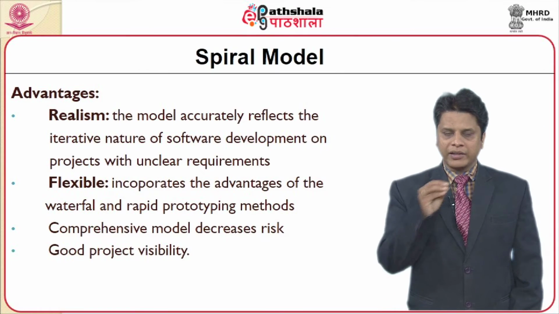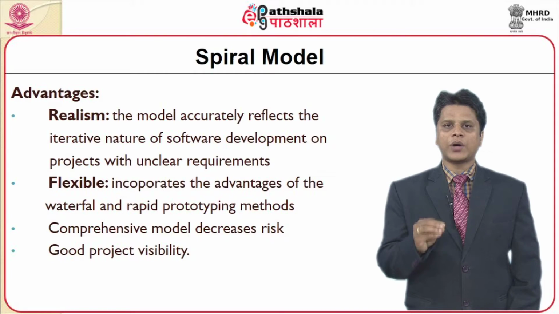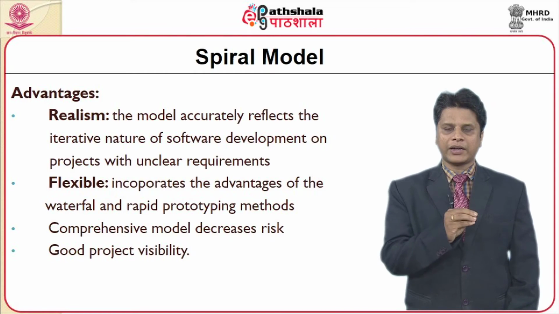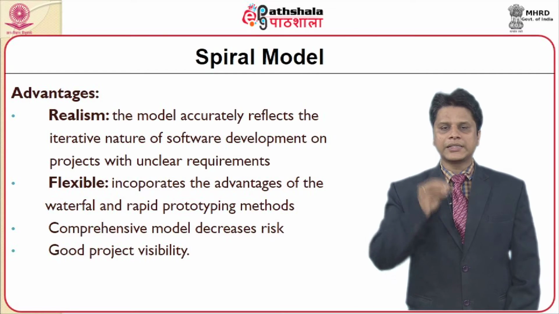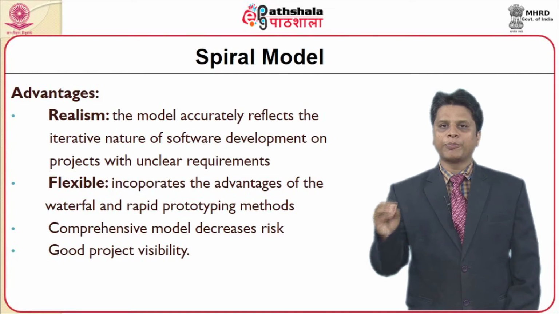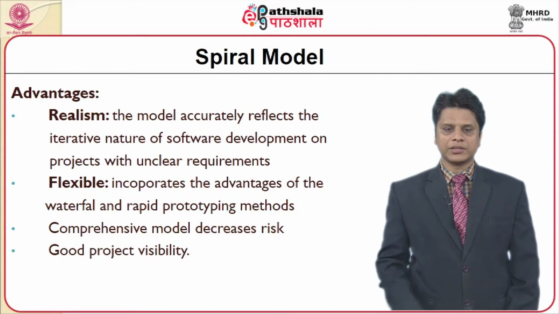As is very clear from the picture itself, my ultimate objective in working on this model is to understand and analyze the risk factors and manage them with alternatives towards building up a prototype. So this becomes a major advantage of this particular system.